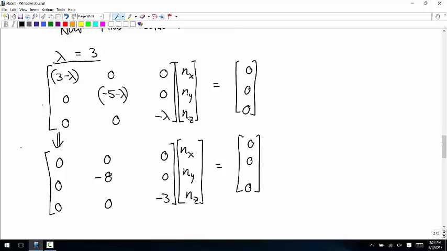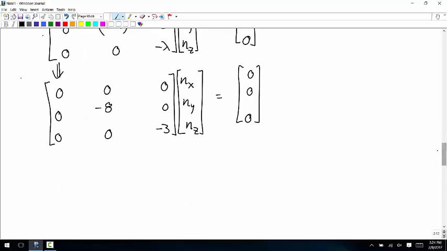And now doing the matrix multiplication gives 3 equations. The first one says 0nx plus 0ny plus 0nz is equal to 0, so 0 equals 0. The second row says 0nx minus 8ny plus 0nz is equal to 0.